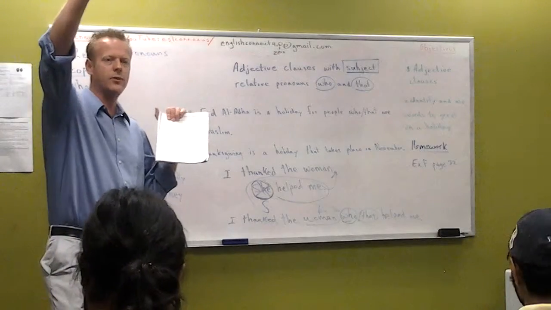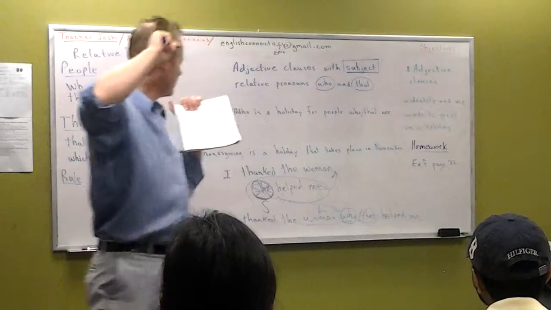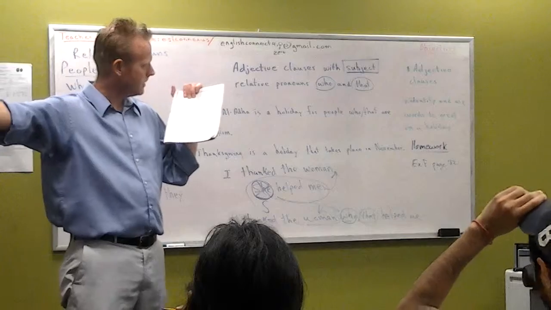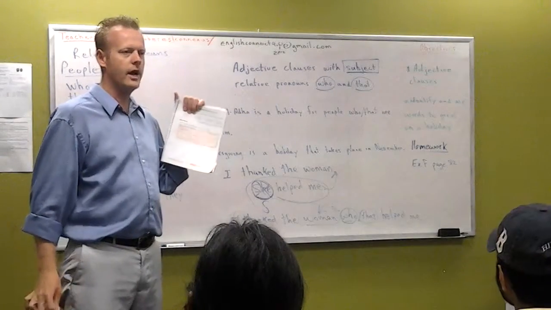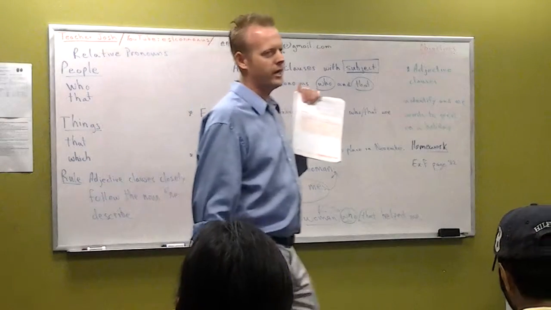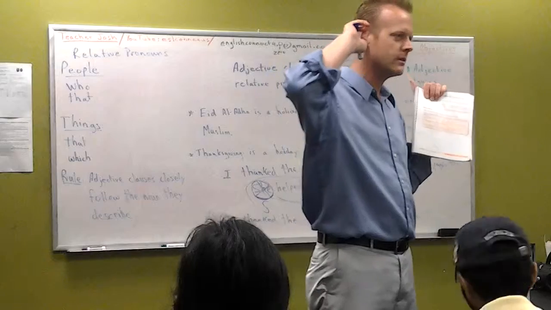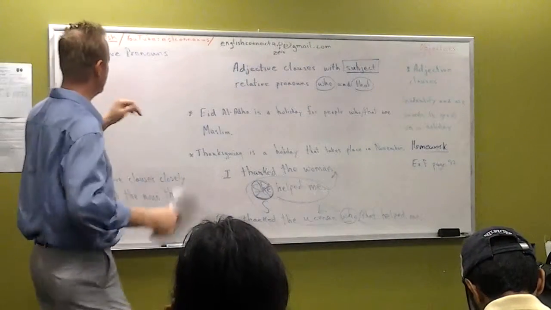So they can describe two things. What are they? People and things. Okay? Introduce adjective clauses about people with who or that. So what do I introduce an adjective clause talking about a person with? I have two options. Good. Who or that? Hey, look at the first example I put on the board.